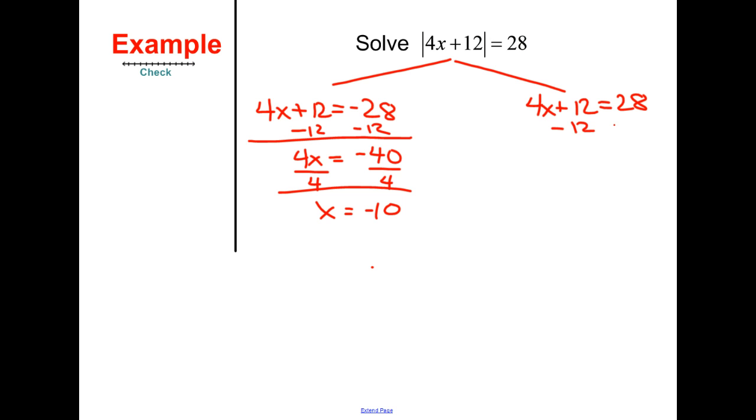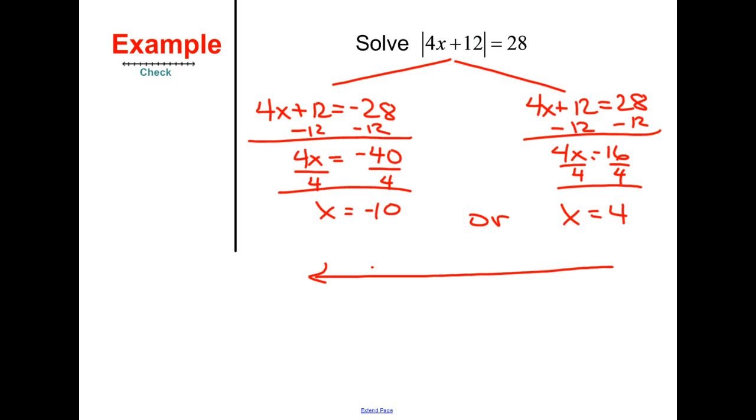And on this one, minus 12, 4x equals 16, divide by 4, x equals 4. So, x equals -10 or 4, and again, graph our number line, 0, negative 10, close that above if you want to do it above there, 4, close that above, or you can put it right on the line. It's up to you on how you want to graph it.